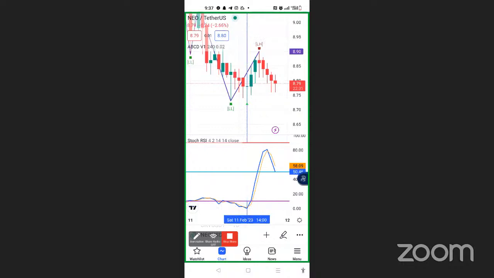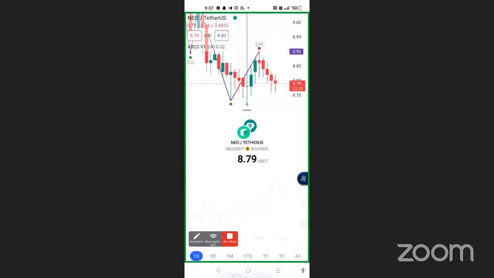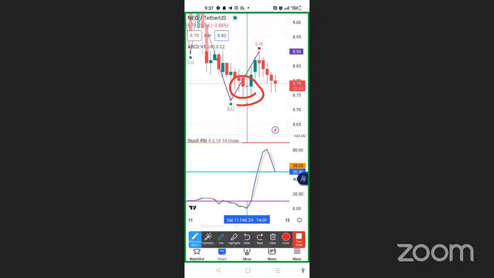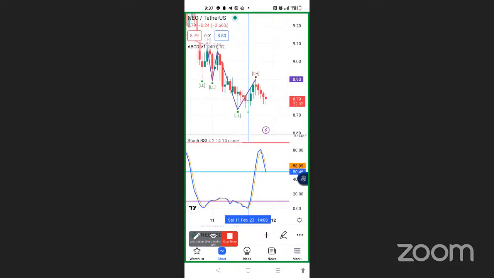You see how powerful this is, ladies and gentlemen? There is a crossover here, confirmation one. Okay, there is a lower low here. That is confirmation two, meaning it is going to move up. So you use that to make your entry there, all right?